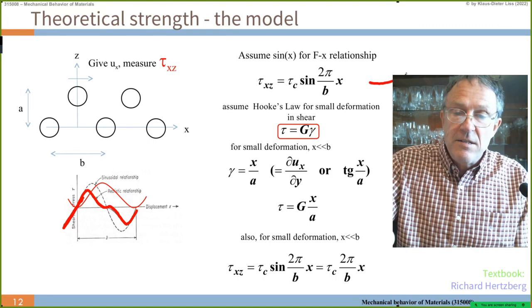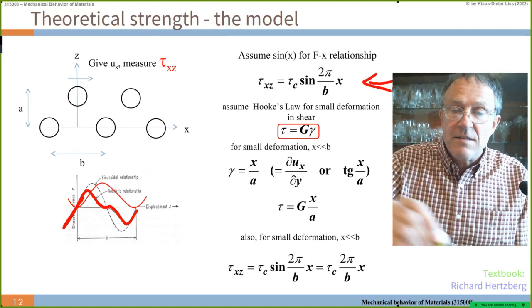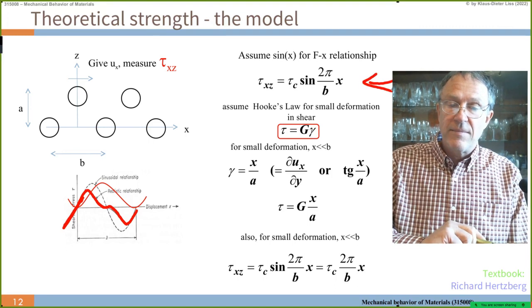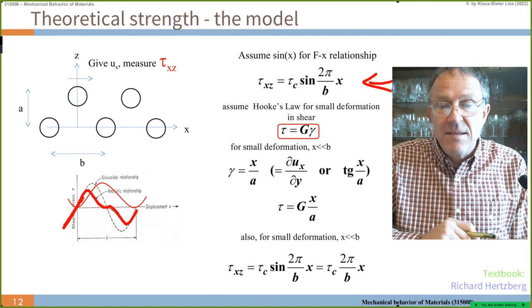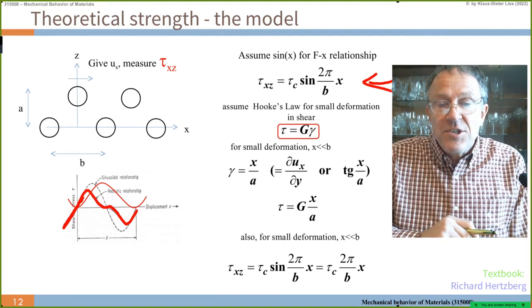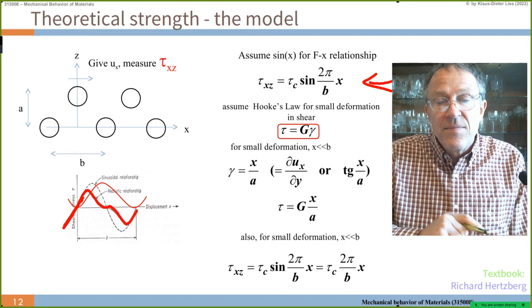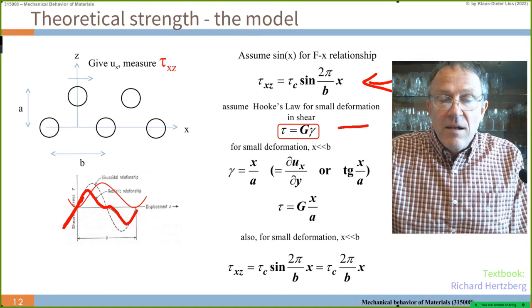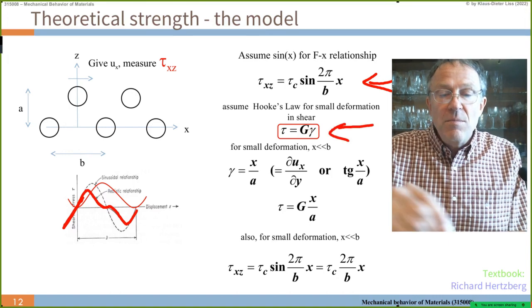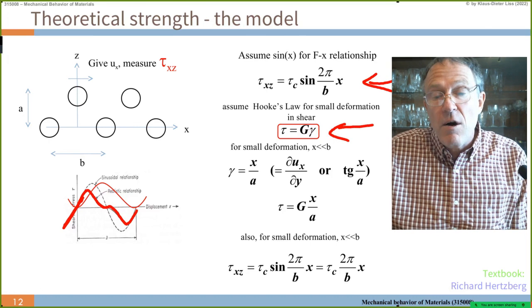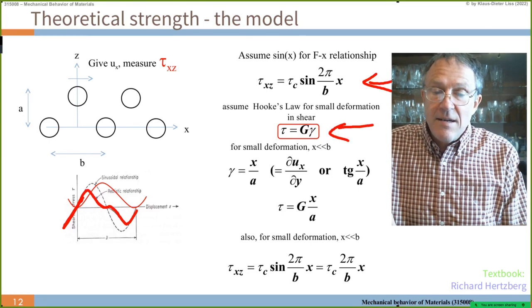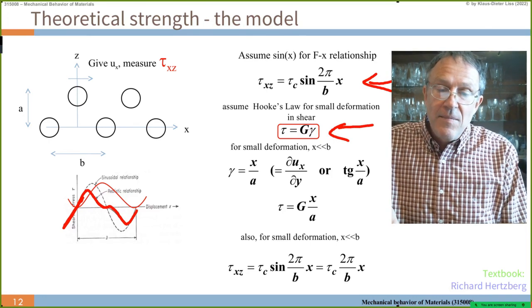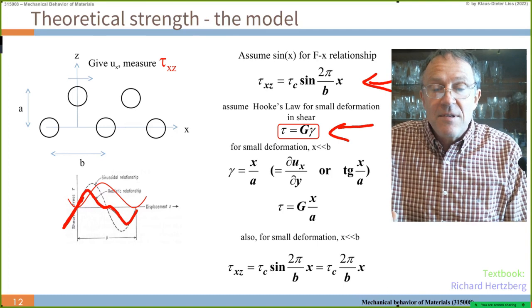For this, we use this equation. And then, of course, we have the displacement. To get the shear stress, we assume Hooke's law, or we know Hooke's law. So tau, the shear stress, is gamma, the shear strain, times the shear modulus G.